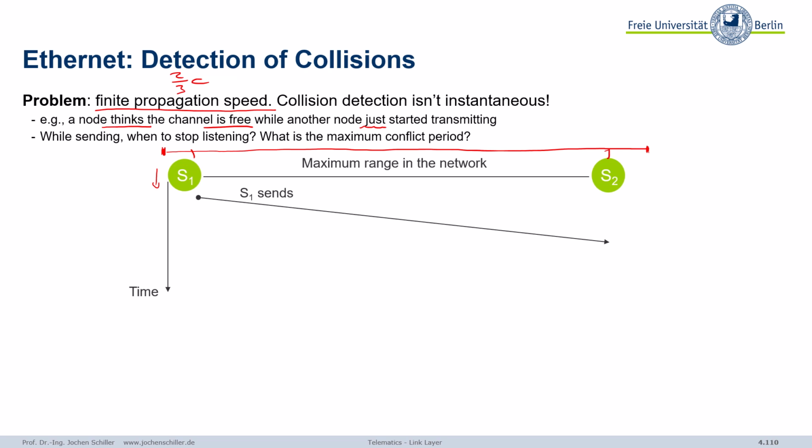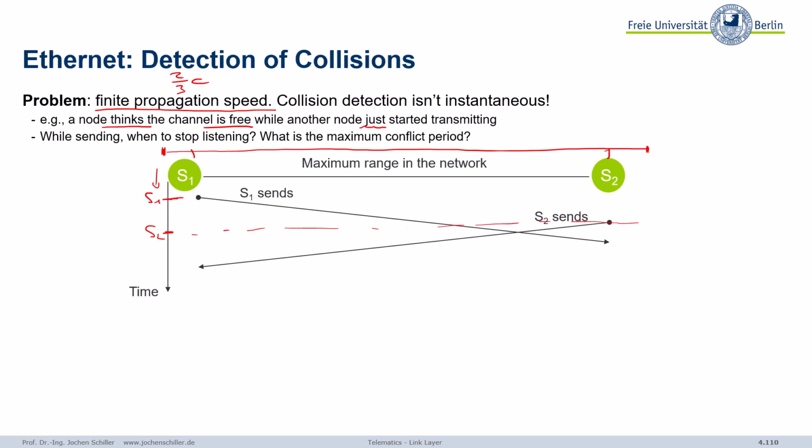So first of all, one station starts sending. That's S1 starts sending. Then our signal travels along the wire. Then after just a while, station 2 starts sending. And why can station 2 start sending here, roughly here?